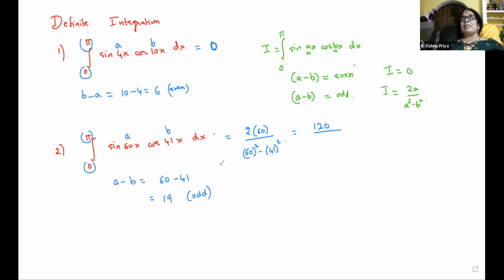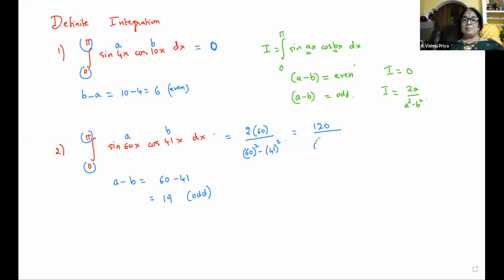60 square minus 41 square, you can do in this way also. If you want, directly by hand you find 60 square, you find 41 square, then you subtract. I'm telling you another method.